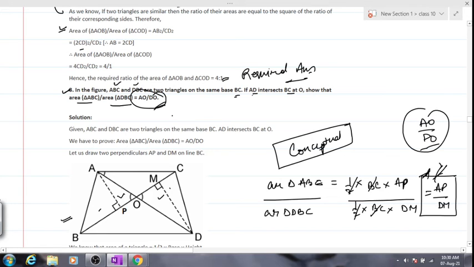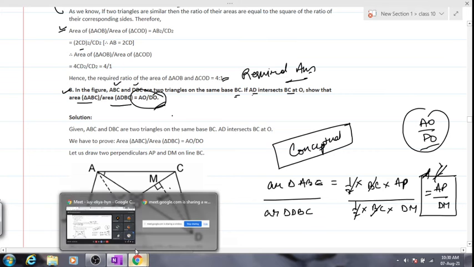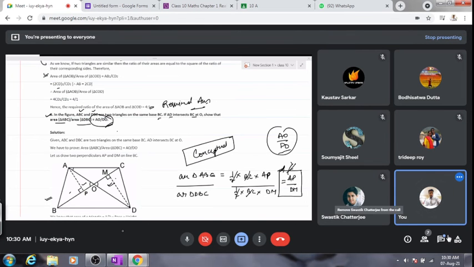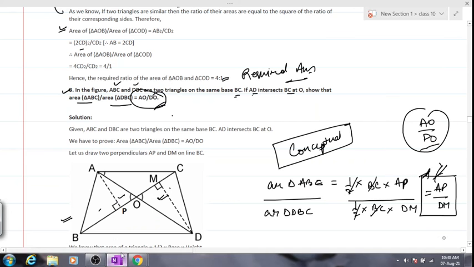Can anybody tell me how you will prove these two triangles similar? Anyone from the class? Everything is out there.